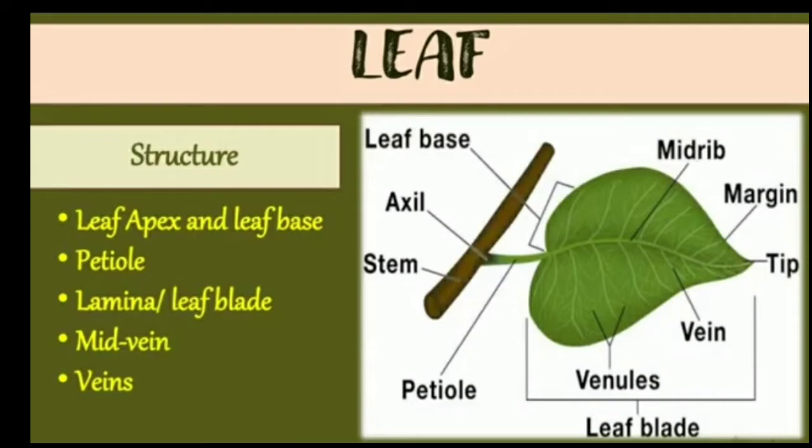Leaf margin. The leaf also has a mid vein. As you can see in your picture, in the middle there is a vein passing. It is known as the mid vein, from where arise many small veins. Understood up till here?